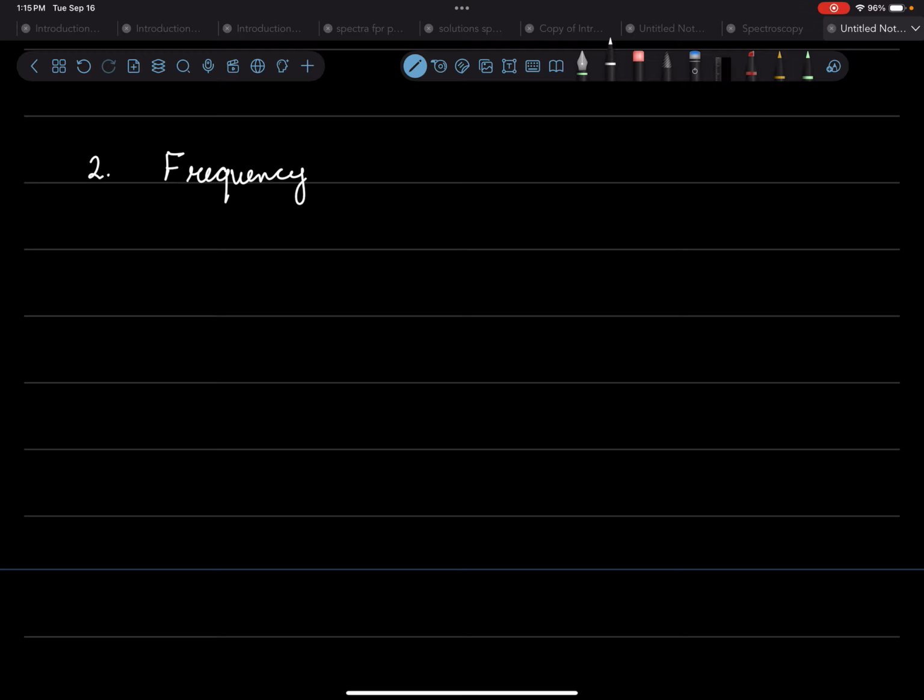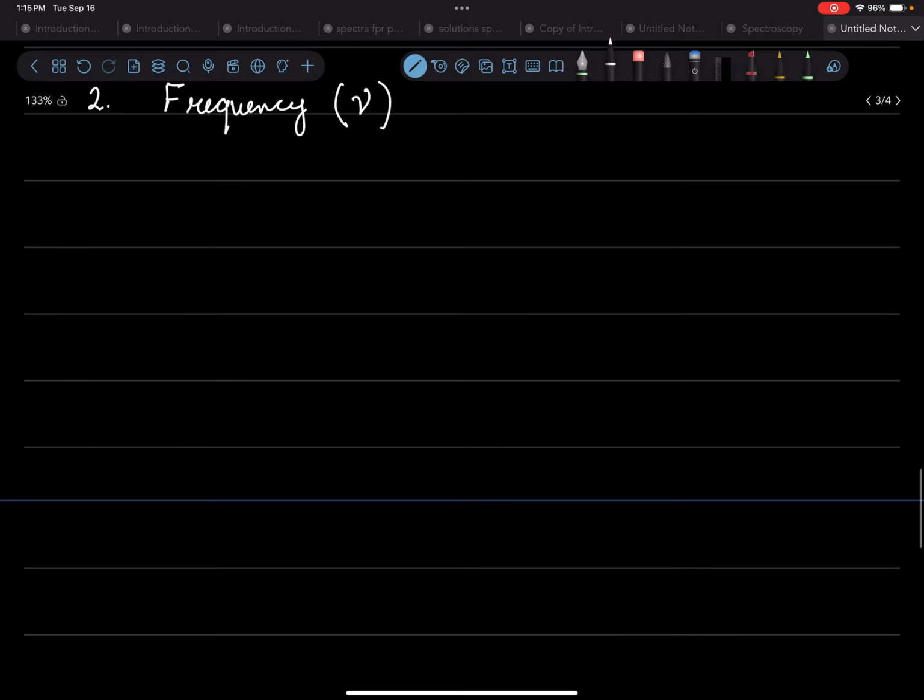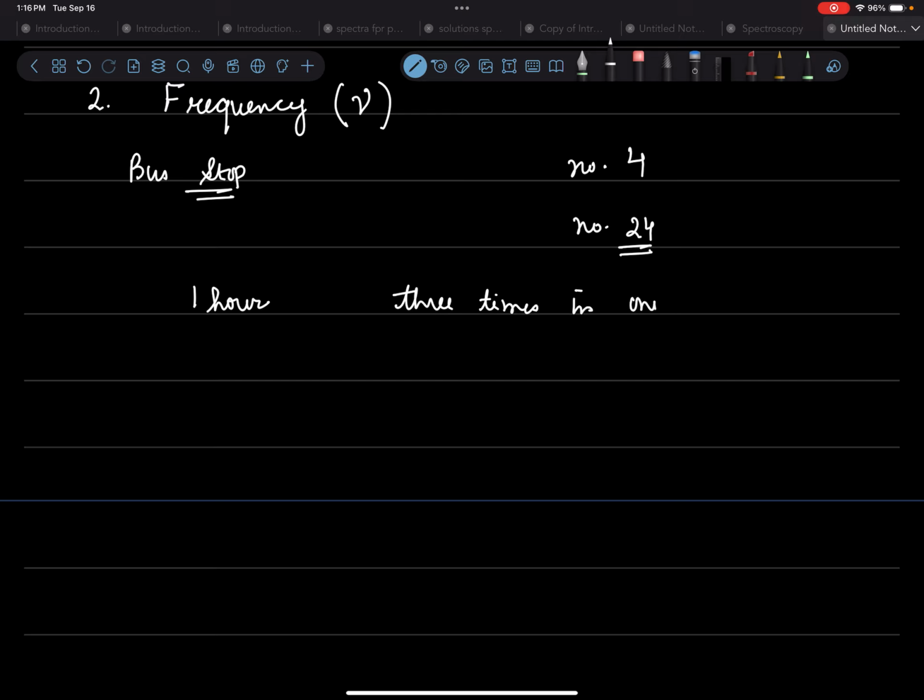Frequency is represented by the symbol nu, which is again a Greek symbol. What is frequency? Suppose you are standing at a bus stop, and there are 2 buses, bus number 4 and bus number 24. Suppose in 1 hour, number 4 bus comes 3 times.